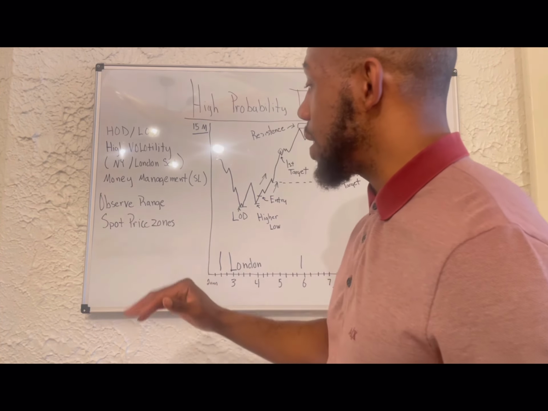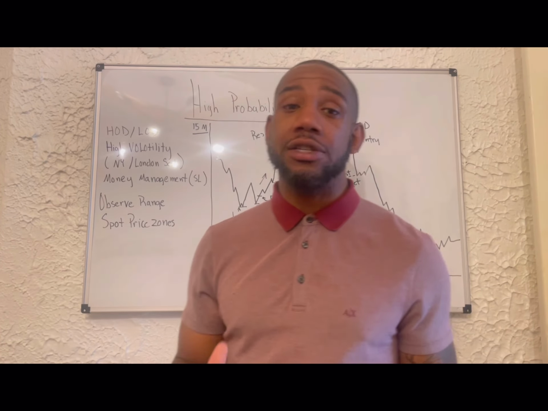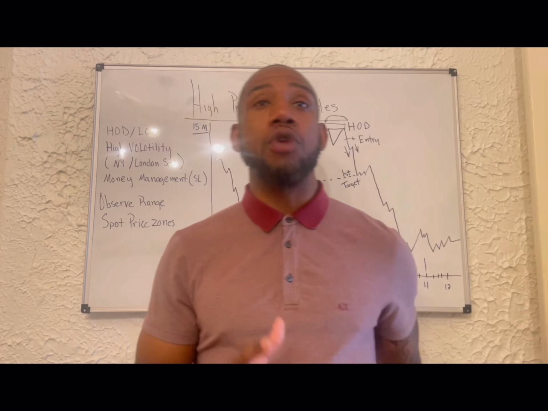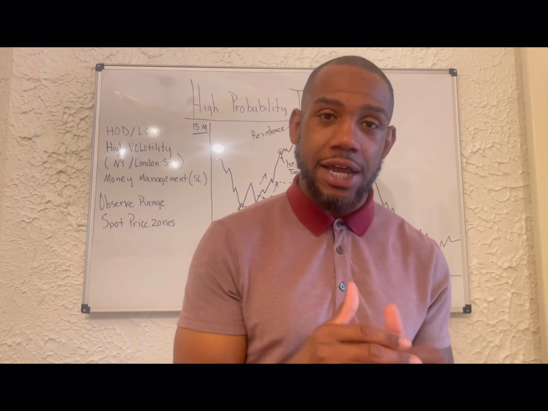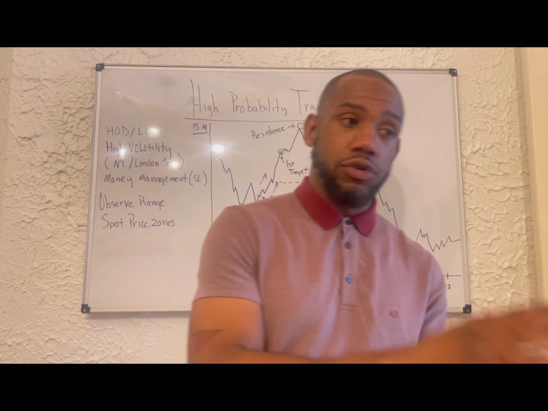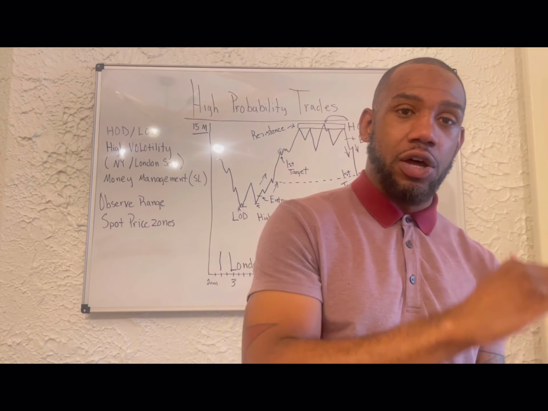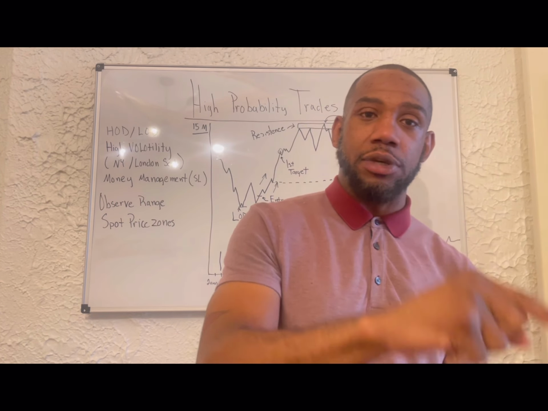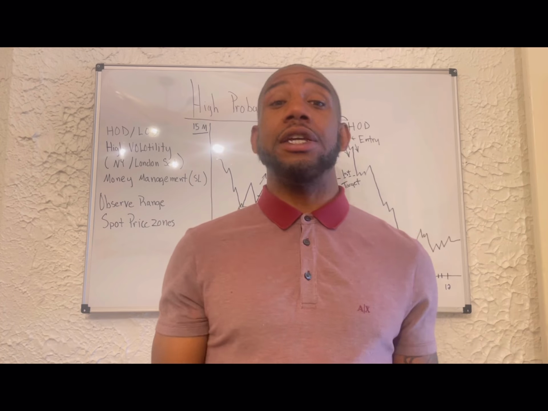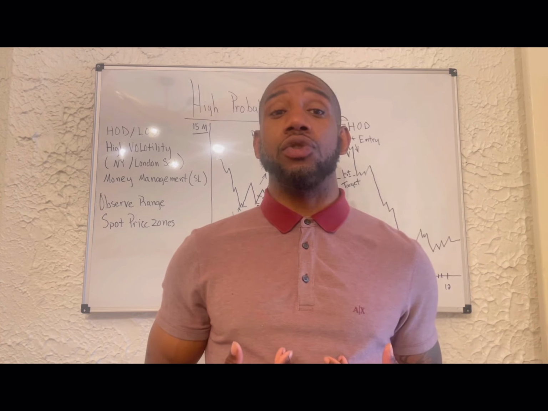Lastly, observing the range and spotting the price zones. When I say range, there's a cycle in the market. First, it starts in a range, making a high of the day and a low of the day and trading in between. Usually that happens during Asian session, which is why I don't like to trade it.